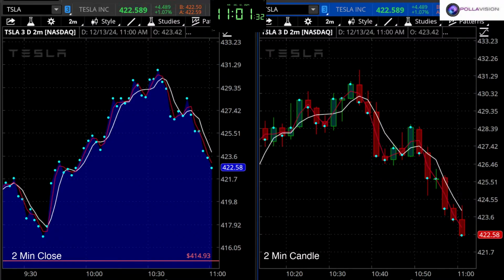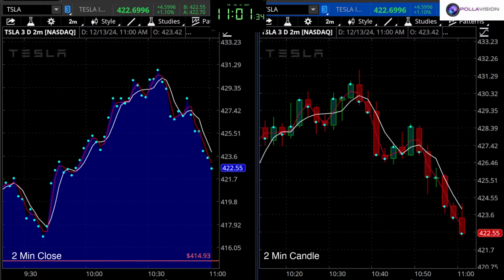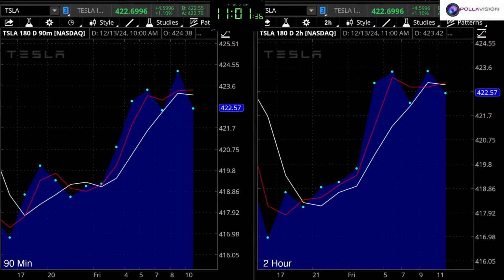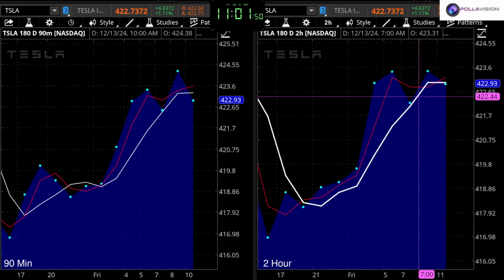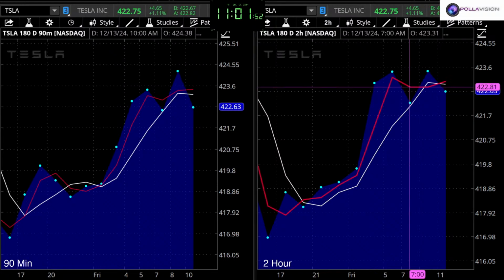All right, let's look at a 90-120 again, and here the 2-hour chart is in the middle. The 4 simple moving average is going sideways. You can see that right here as it lights up. The 2 is at the 4.